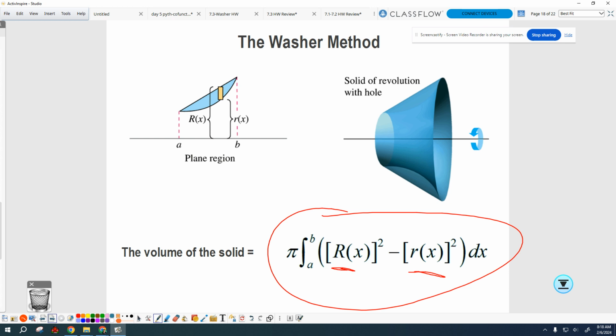Okay. Big radius squared minus little radius squared, integrated from whatever bounds you're given.